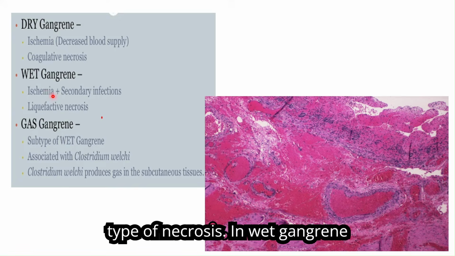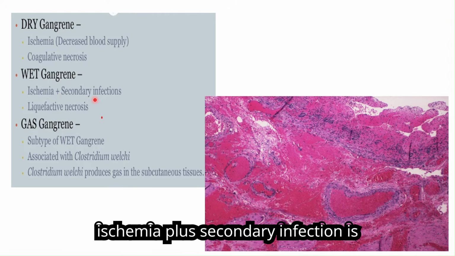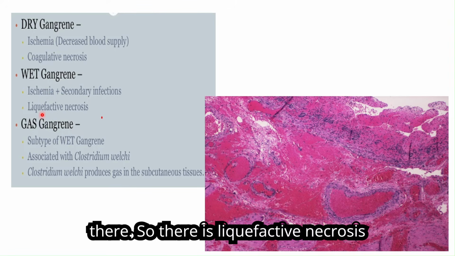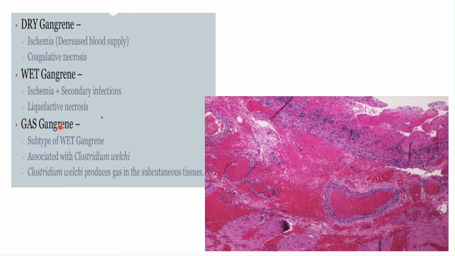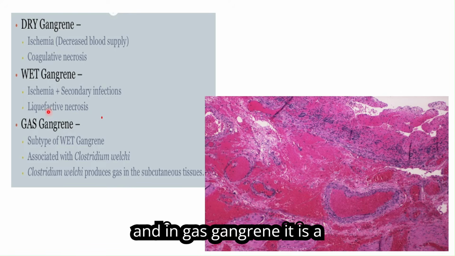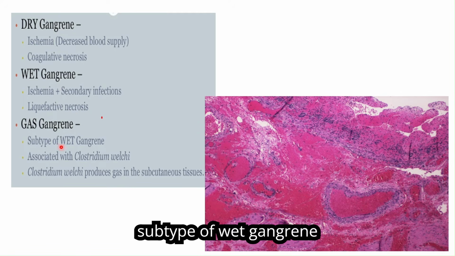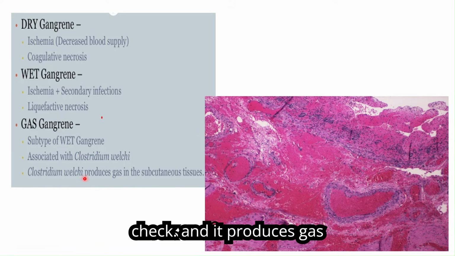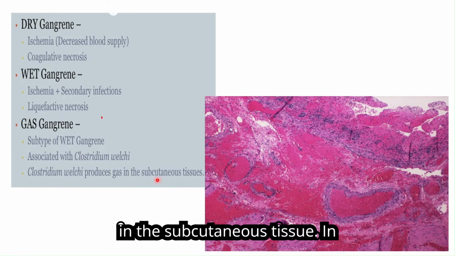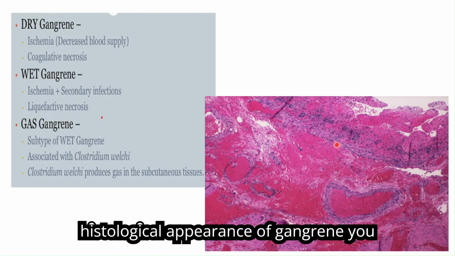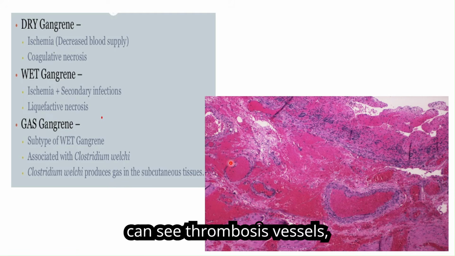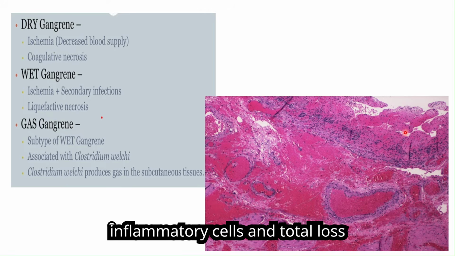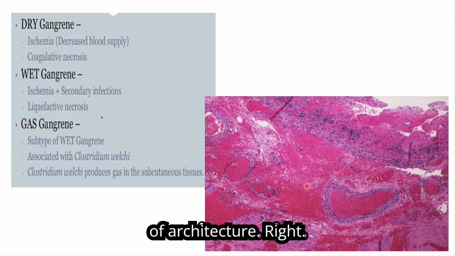In wet gangrene, ischemia plus secondary infection is there, so there is liquefactive necrosis. And gas gangrene is a subtype of wet gangrene associated with Clostridium welchii, and it produces gas in the subcutaneous tissue. In histological appearance of gangrene, you can see thrombosed vessels, inflammatory cells and total loss of architecture. Right?